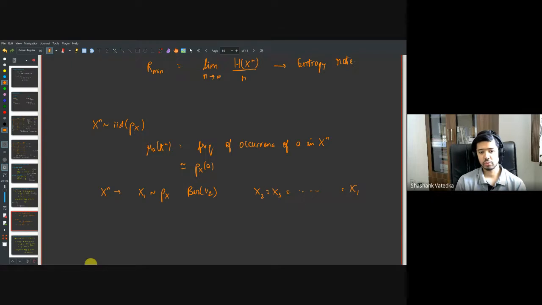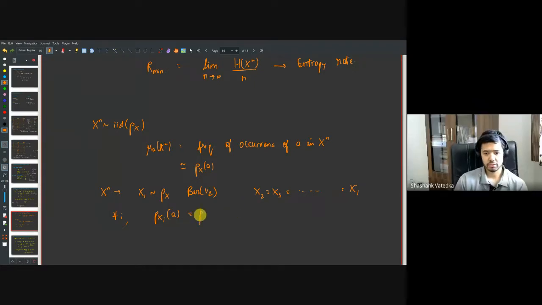Okay, so this is a sequence which has memory, right? Because all the symbols are going to be the same and they're going to be equal to x1. All right, so for any i, what is Pxi of A going to be equal to? Half.